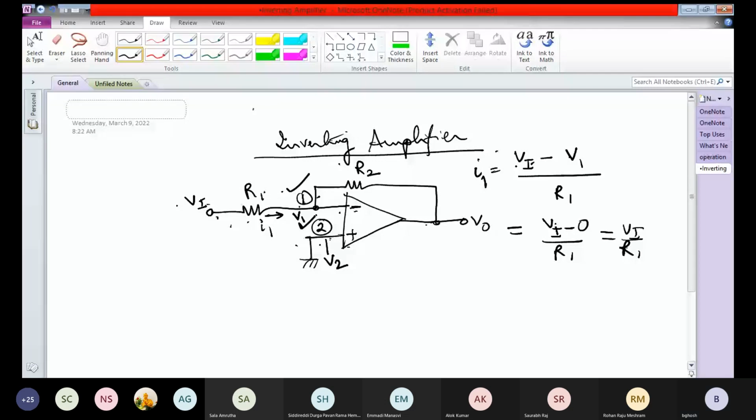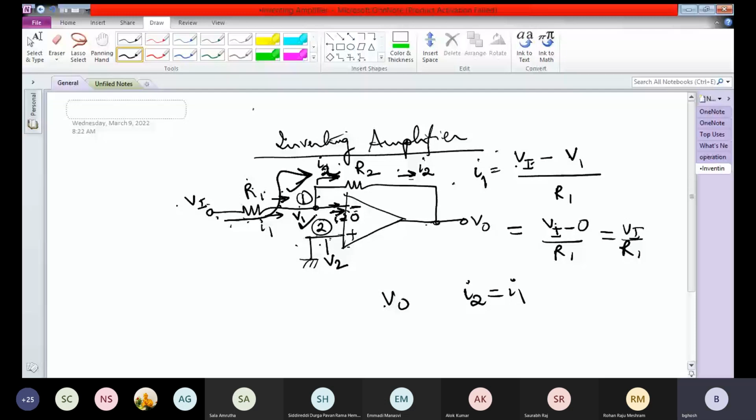And because this current I1 will also flow through R2, the current here will also be I1. If I call this current I2, I can write I2 equal to I1. Why? Because here the current is 0. So all the current which is coming here has to flow there, because there is no input current here. So I2 equals I1.